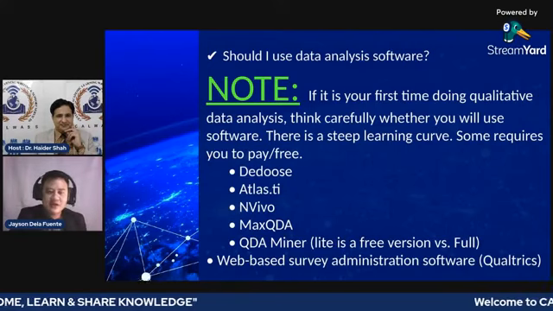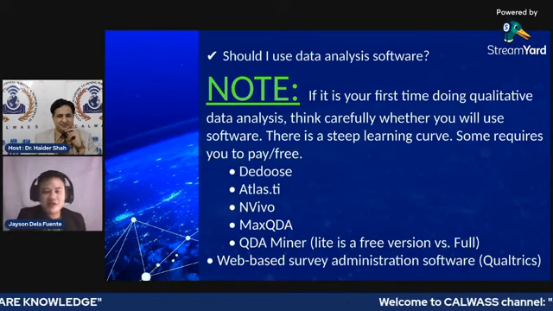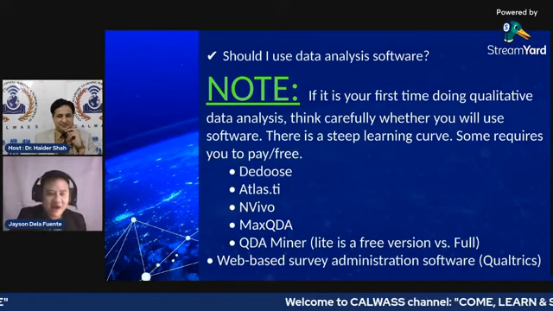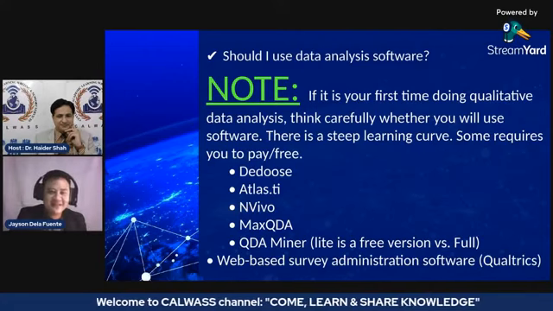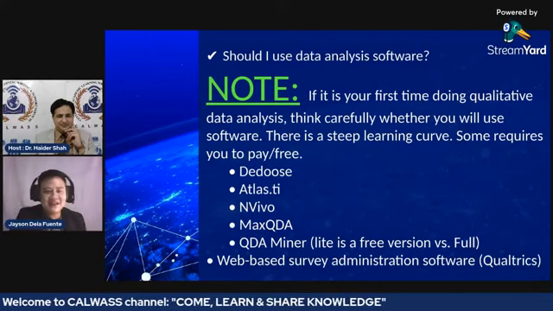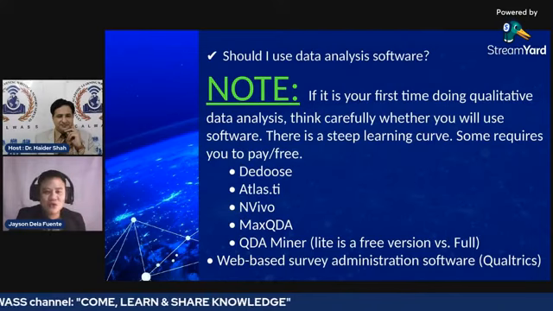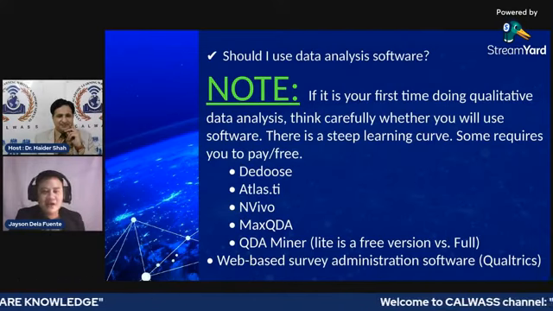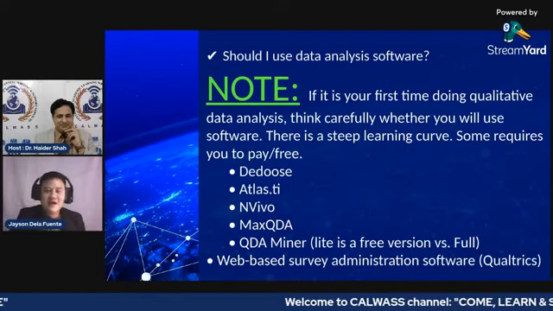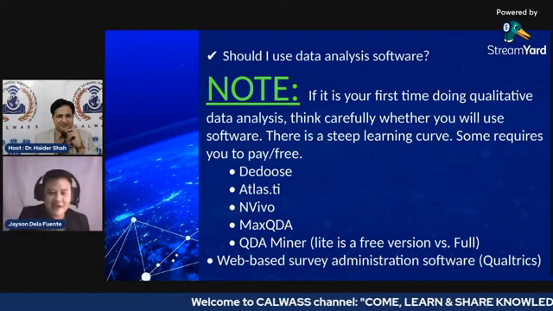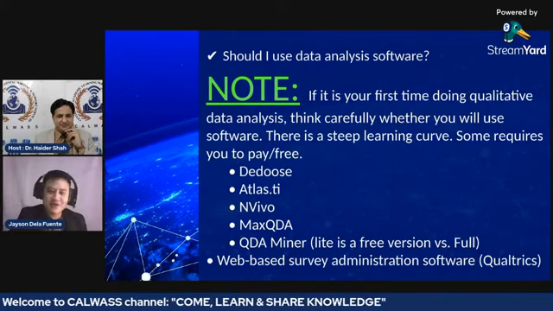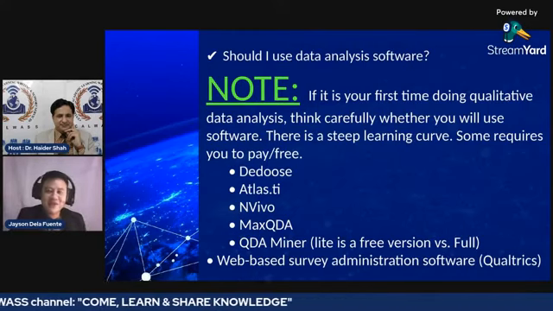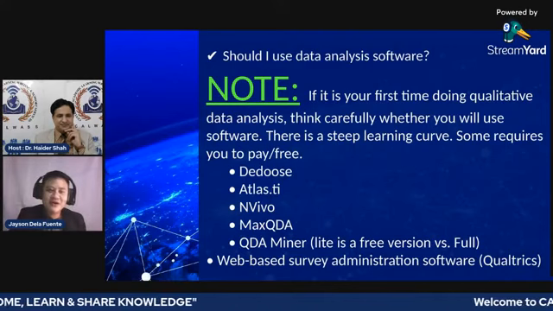There are some which are free, but they require expertise and technical skills in order for you to utilize their unique features. It is not really safe if you are a novice qualitative researcher, because it will make your research journey complicated.